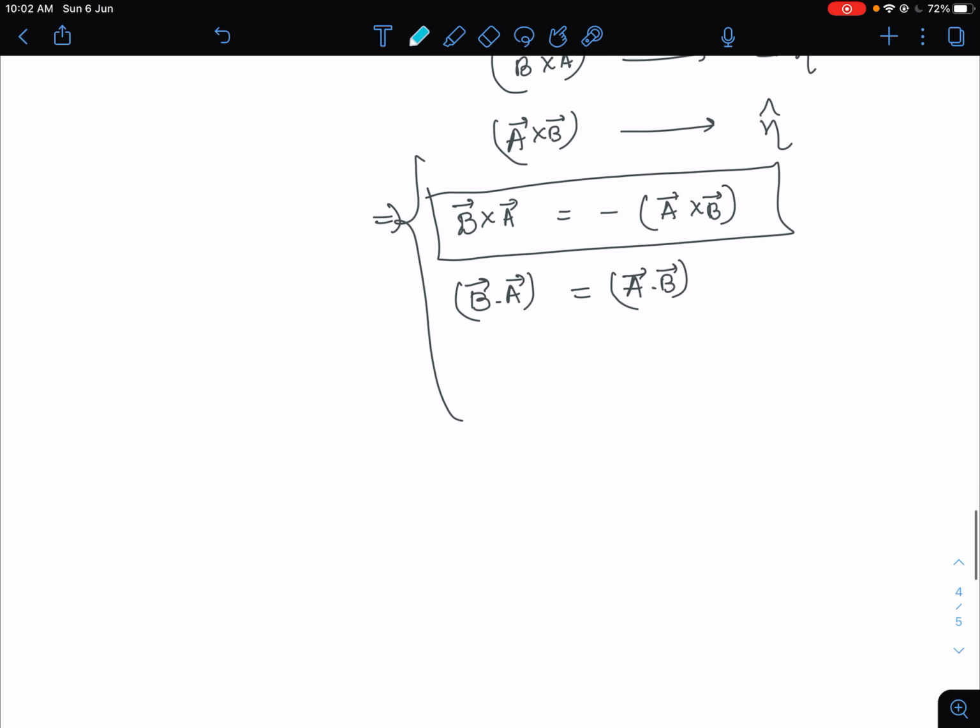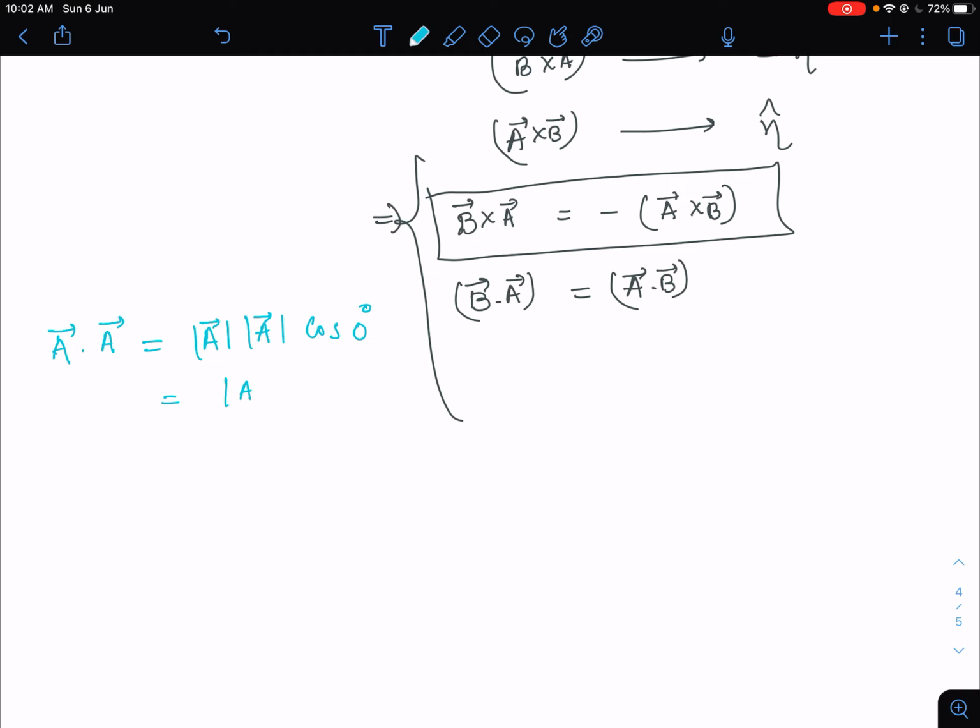Now what is the dot product of A with itself? That is mod of A times mod of A times cos of the angle between A and itself. That angle is 0 degrees, so cos 0, which is just 1.